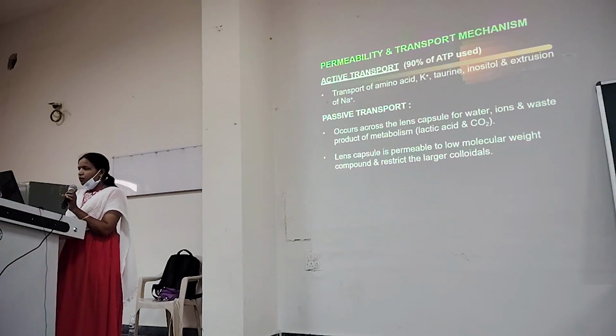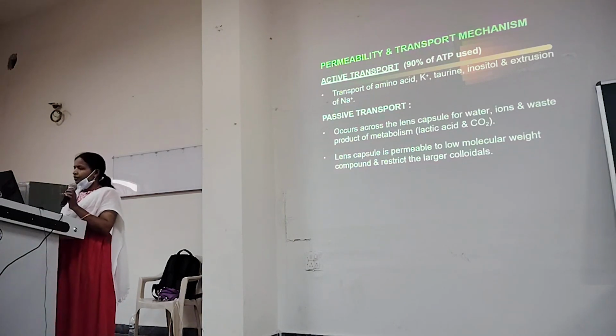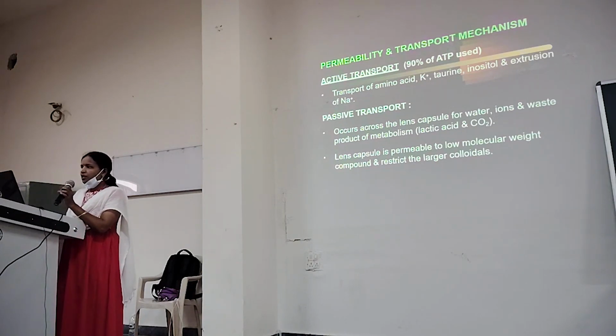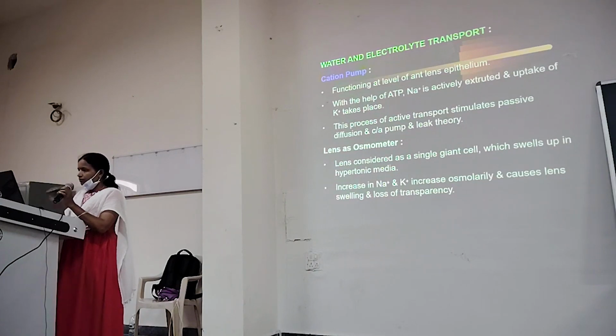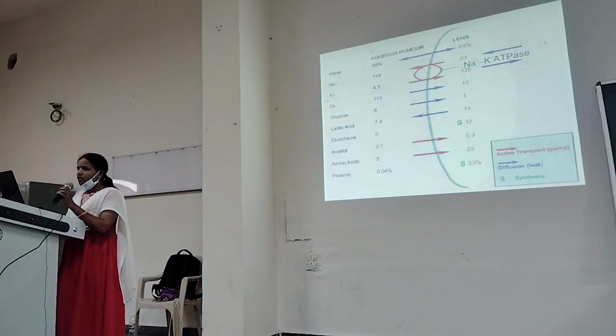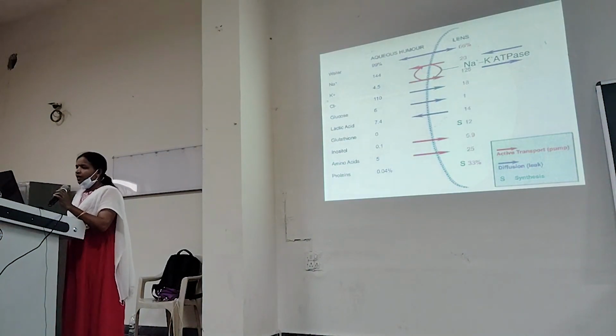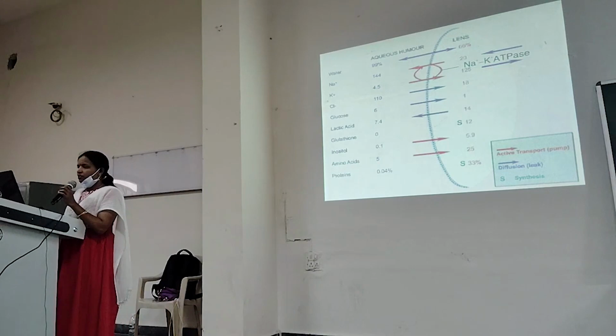So what are the active transport mechanisms present in the lens, mainly for the amino acids? The energy produced by the glycolysis pathway is utilized for the transport of amino acids, potassium, taurine and inositol, and for the extrusion of sodium. It occurs mainly at the capsule. This is how the contents of the aqueous and the lens are exchanged.